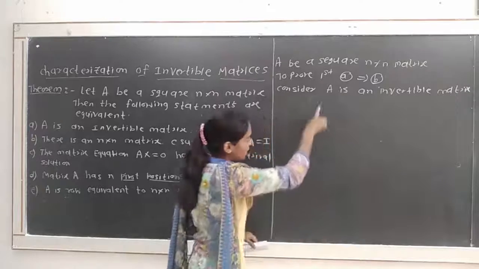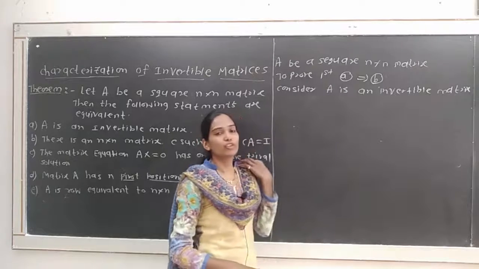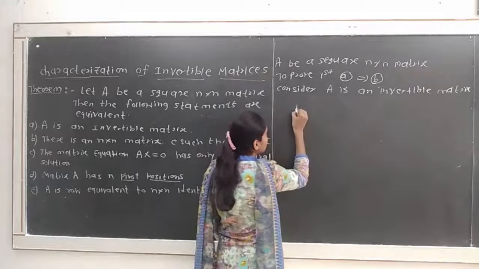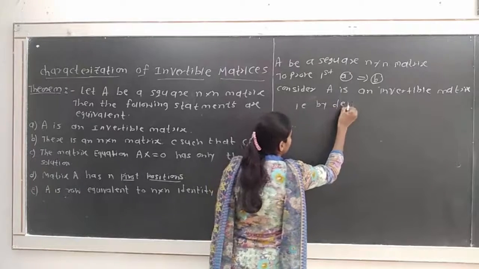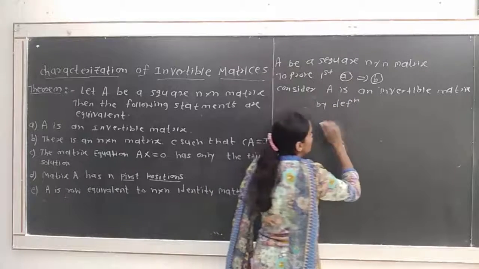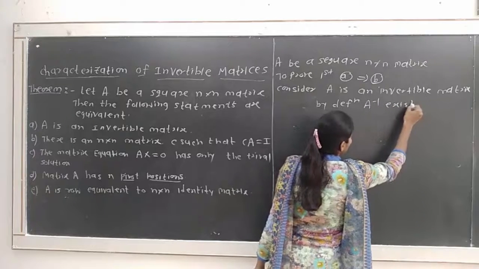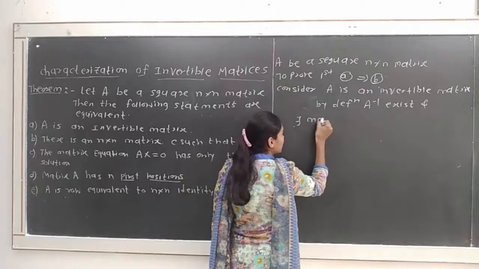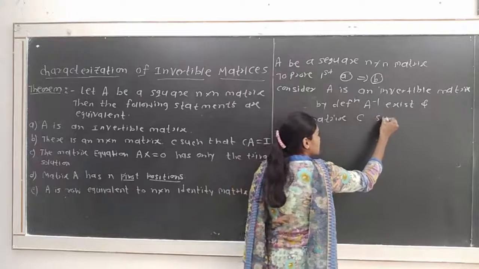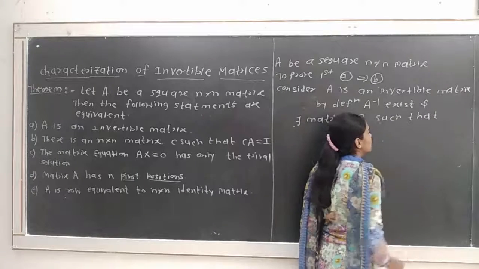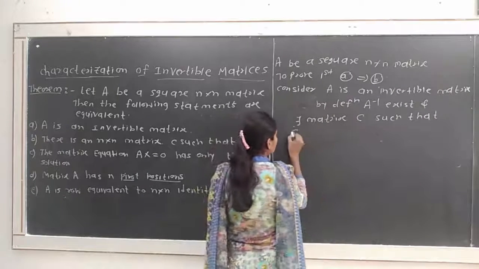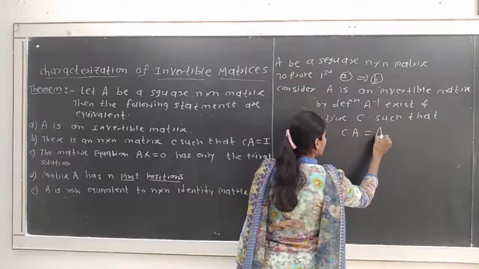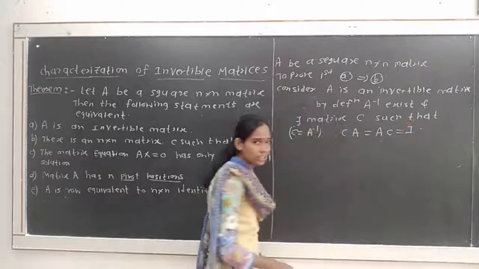Here we consider A is an invertible matrix. Then we know the definition of an invertible matrix: by definition, A inverse exists, and there exists a matrix C such that C is equal to A inverse, and C into A is equal to A into C, which is equal to the identity matrix.